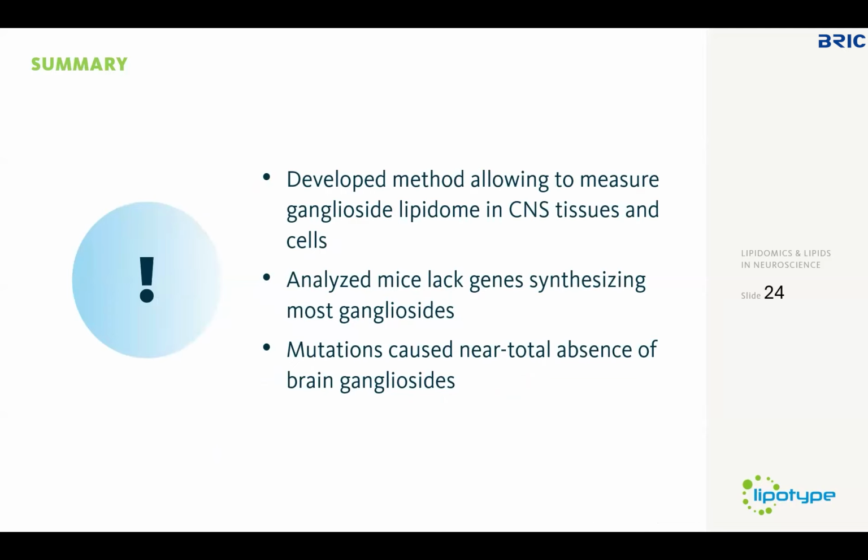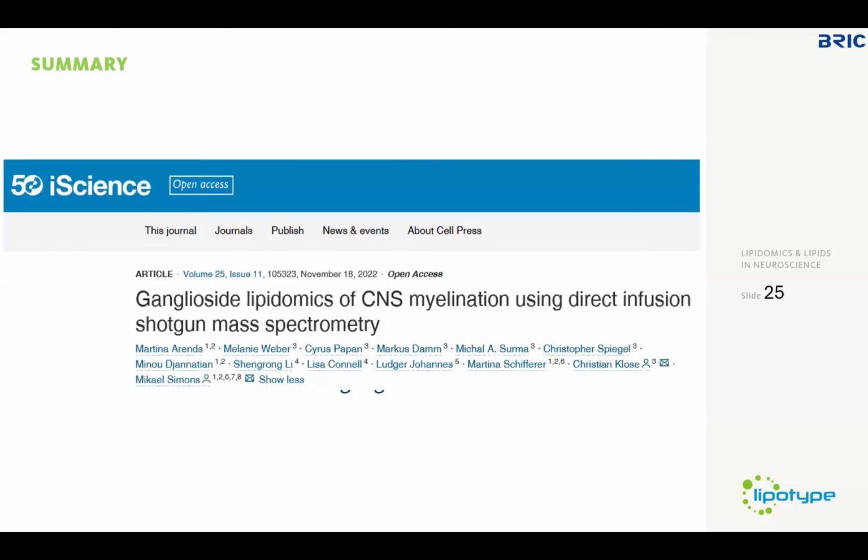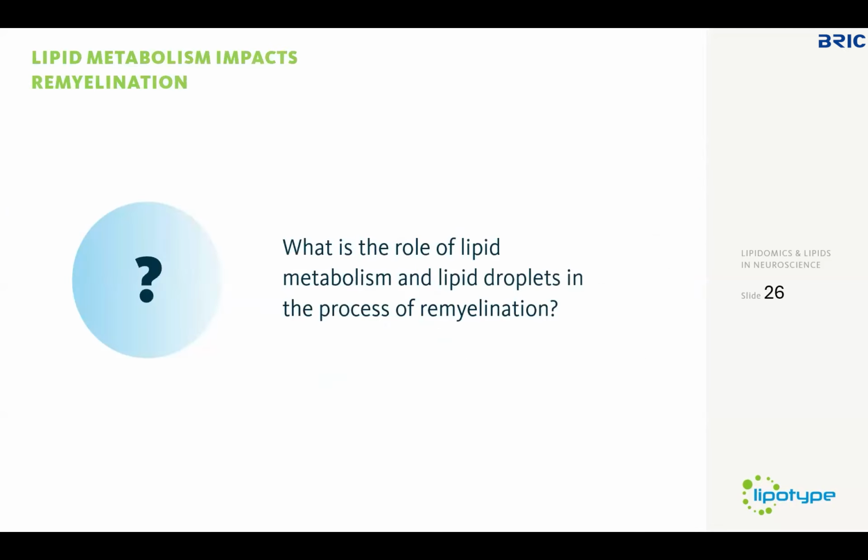Interestingly, the compatibility of this shotgun method with broader global lipidomic profiling techniques represents a significant technical advancement, and that allowed us and our collaborators to look further into this area of research. Again, this was published a couple of years ago, so you can check this paper fully if you want.